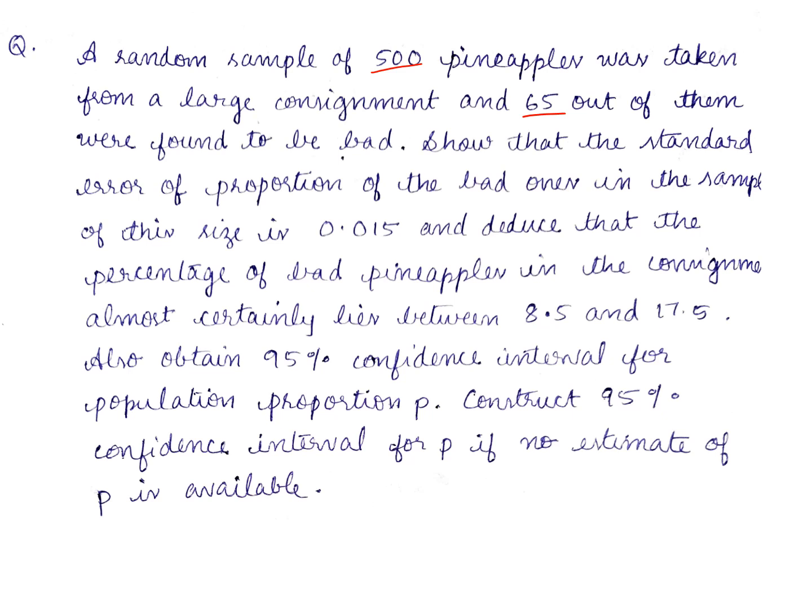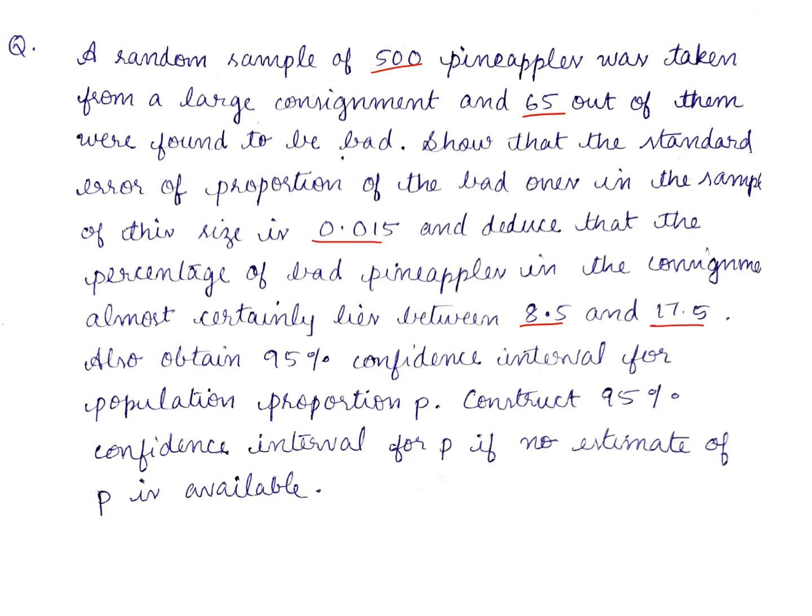Now the first part of the question is: show that the standard error of the proportion of the bad ones in the sample of this size is 0.015. The second part is to deduce that the percentage of bad pineapples lies between 8.5 and 17.5.